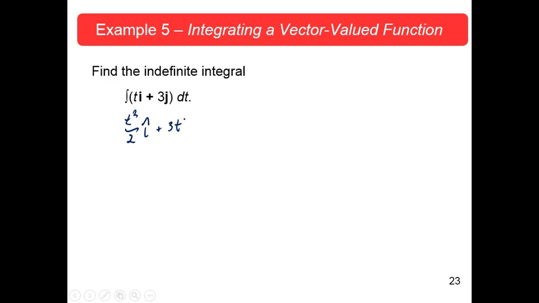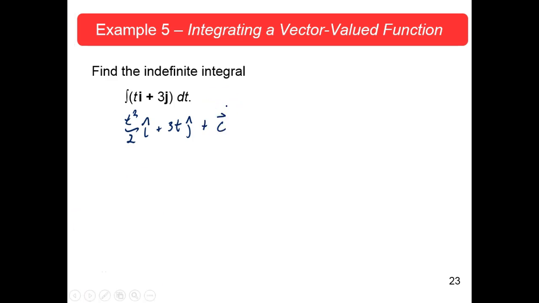There's no squared in there. There's no t in the second term. So the antiderivative of 3 is 3t j, plus some constant vector. Oops, I put a hat over it. I didn't need to. Some constant vector c.